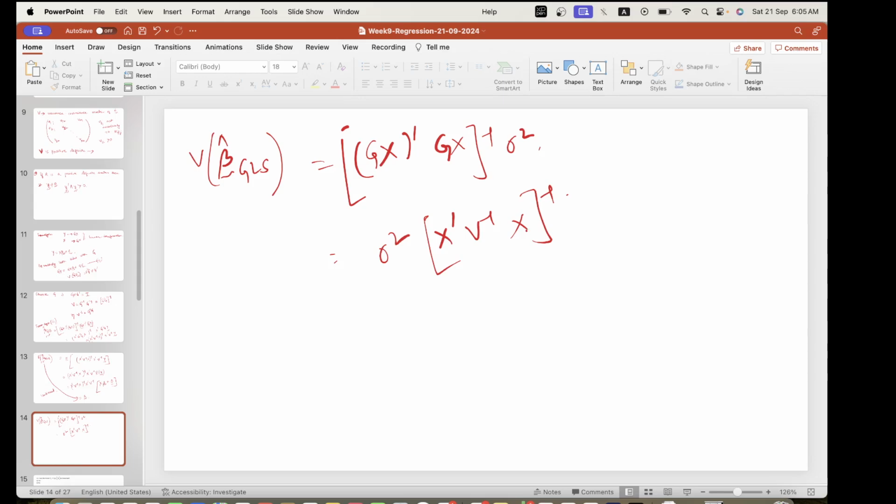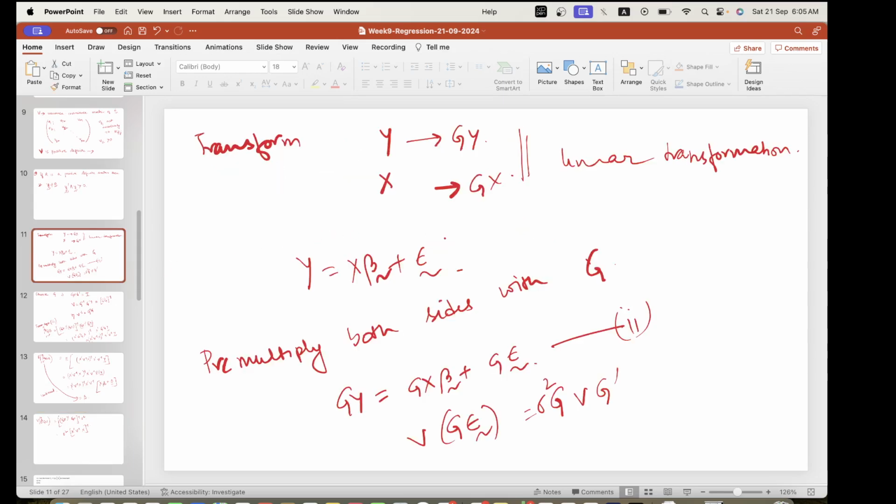Now the thing is, how do we find G? Or rather, how do we find V inverse? Because V inverse is formulated using G, but from the data we cannot directly formulate what V should be.